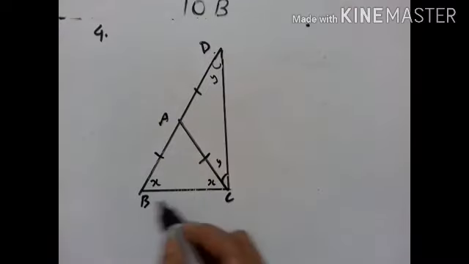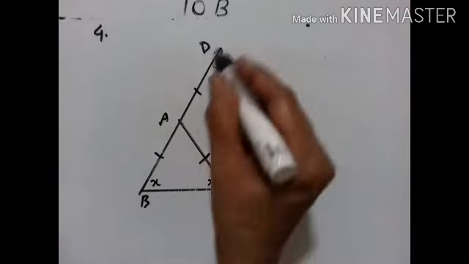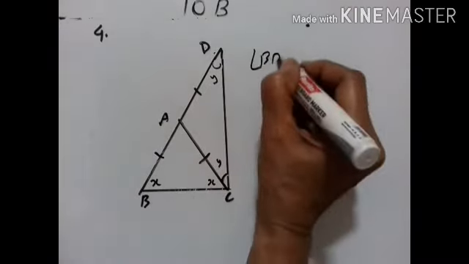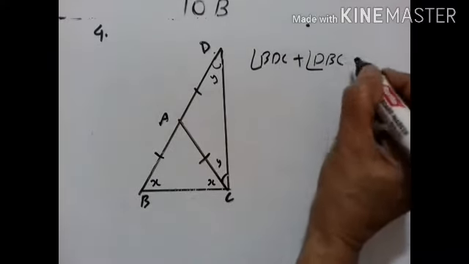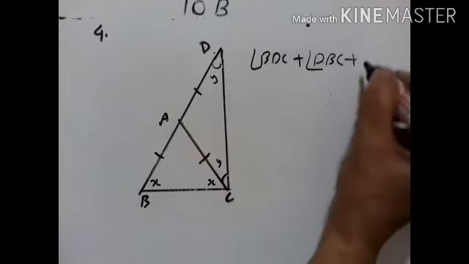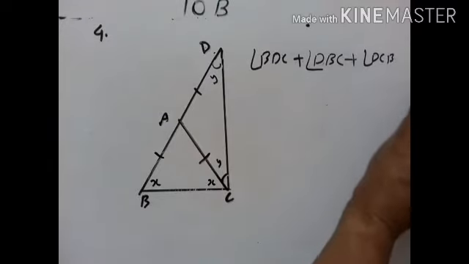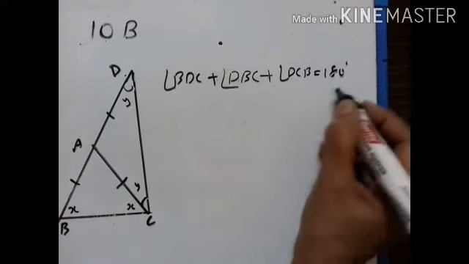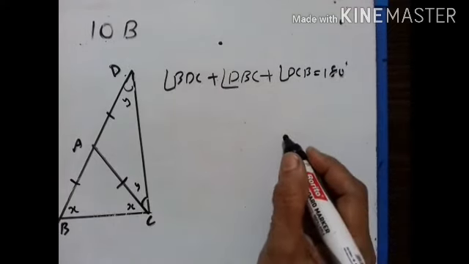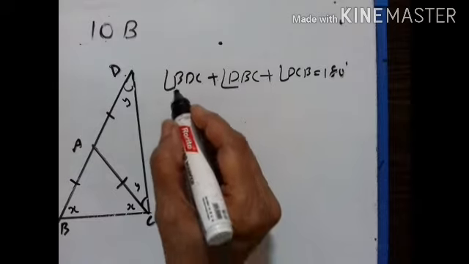Now in triangle DBC, angle BDC plus angle DBC plus angle DCB is equal to 180 degree. Angle sum property. Angle BDC is equal to what?